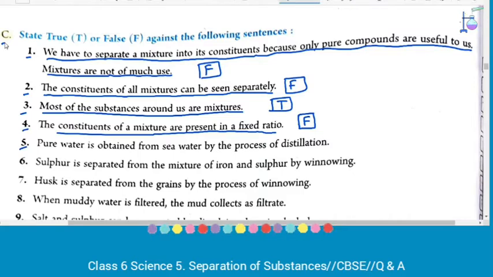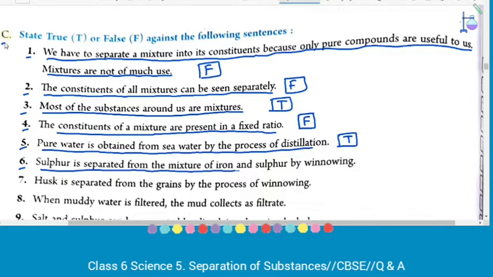Fifth one, pure water is obtained from seawater by the process of distillation. True. Sixth one, sulfur is separated from the mixture of iron and sulfur by winnowing. False. Seventh, husk is separated from the grains by the process of winnowing. True.